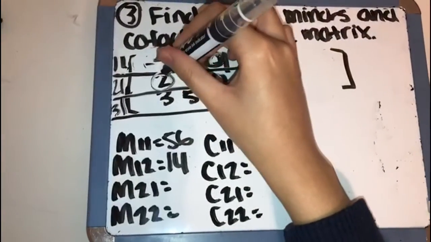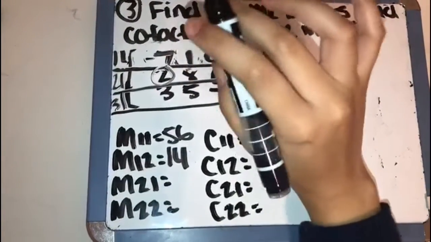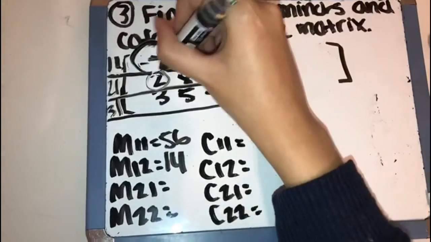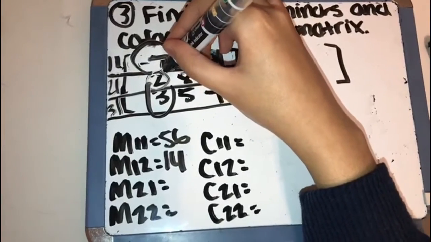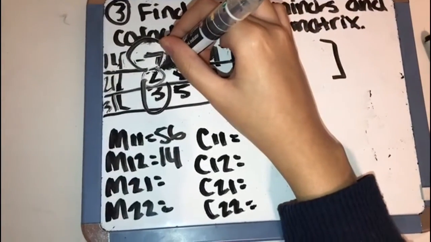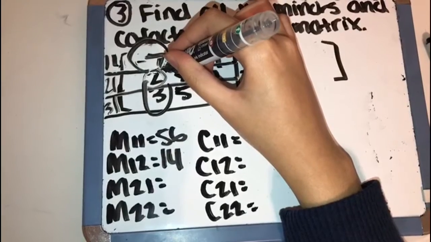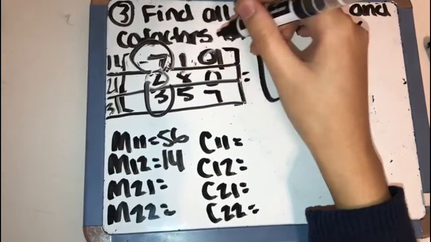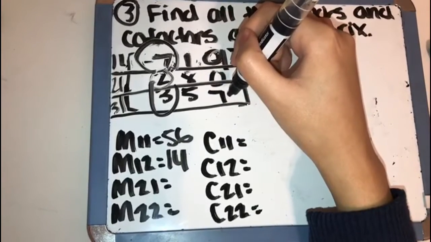So it's like 2 here. Sorry. So now we're going to cross out this part, and basically this part. Let me think about this, sorry. So it'll be 1, 9, 5, and 7.